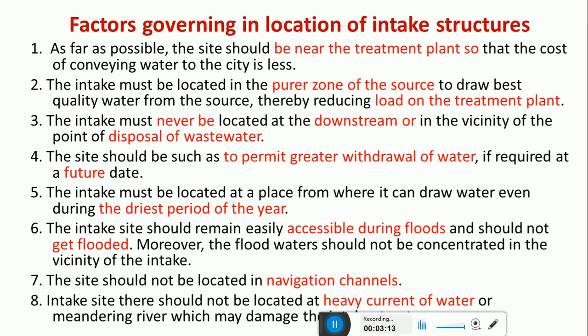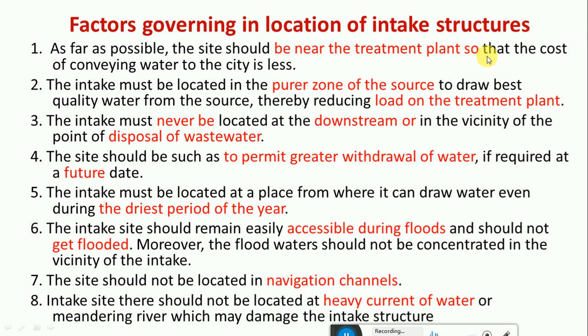Before locating an intake structure, we have to consider some factors. We cannot simply locate the intake structures anywhere in the water bodies. These are some of the factors to be taken into account while collecting the water using intake structures. As far as possible, the site should be near the treatment plant.